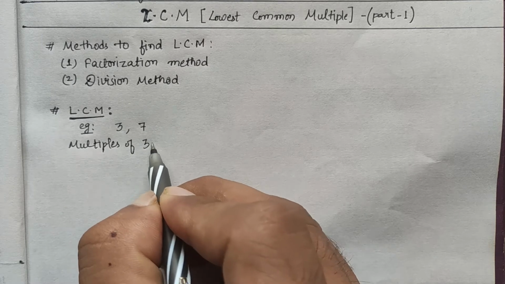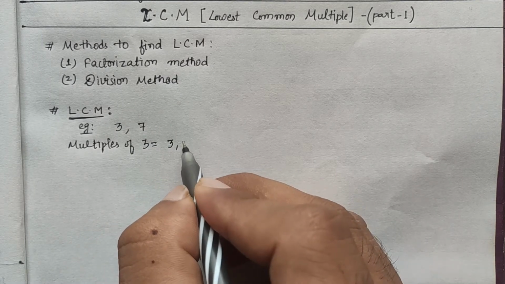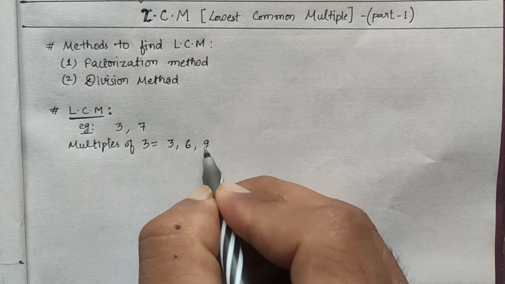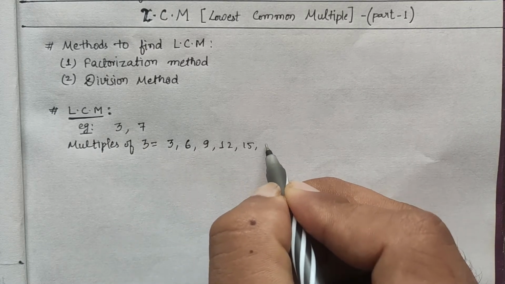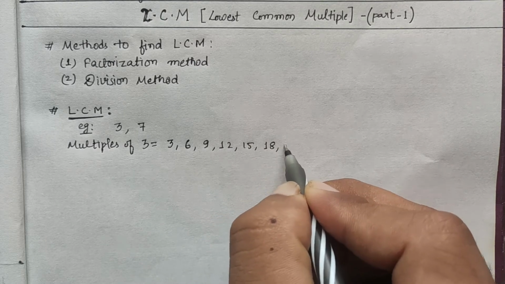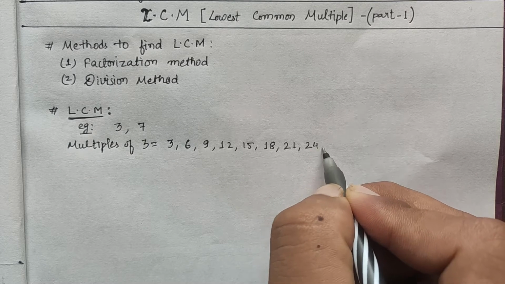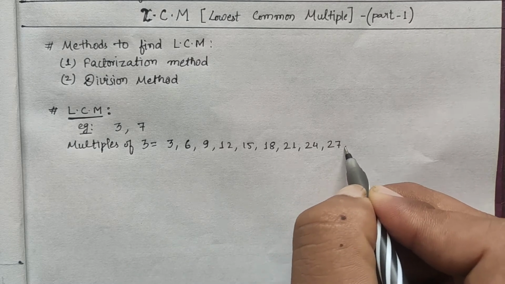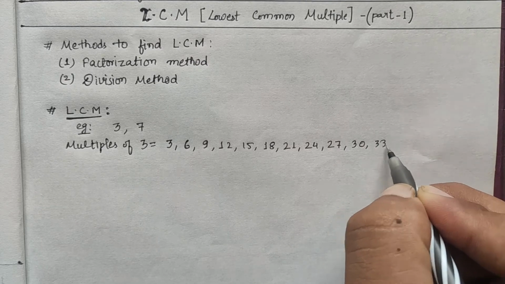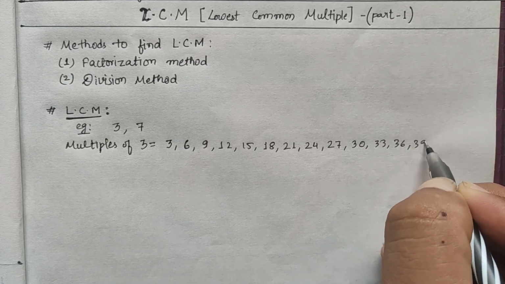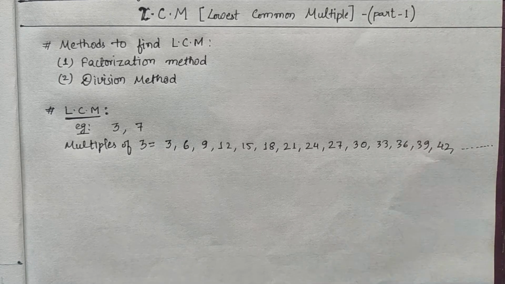of 3 are 3 times 1 is 3, 3 times 2 is 6, 9, 12, 15, 18, 21, 3 times 8 is 24, 27, 30, 33, 36, 39, 42, and so on, up to infinite.